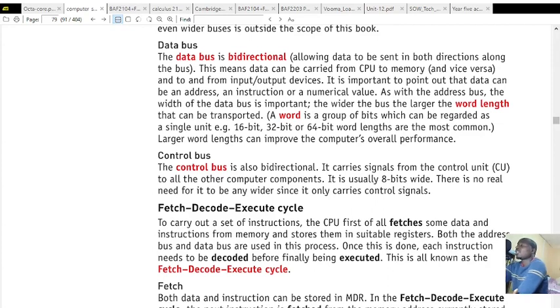Its primary task is basically to send the signal, so it doesn't need a lot of complication in terms of how many bits it should have. 8 bits is already enough.